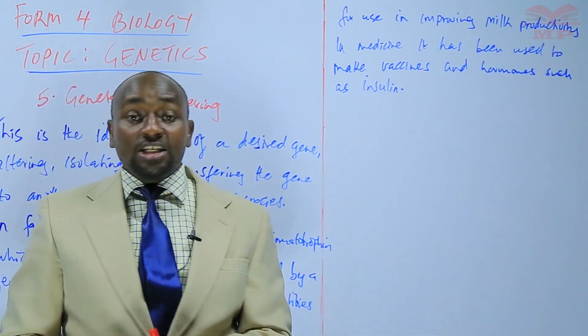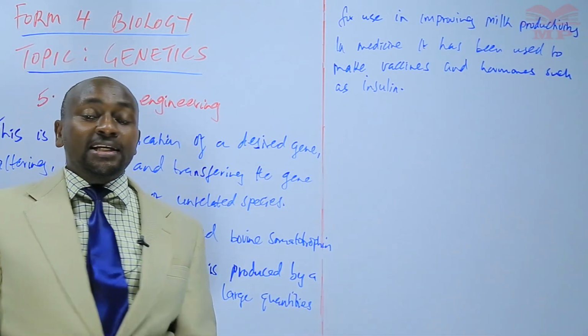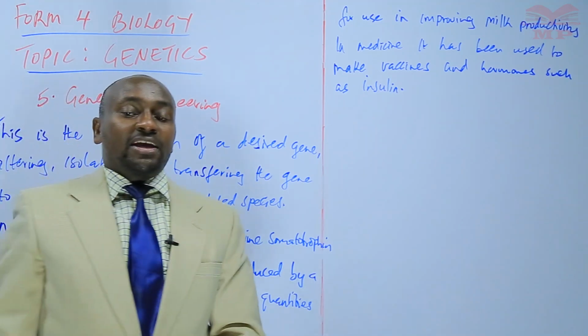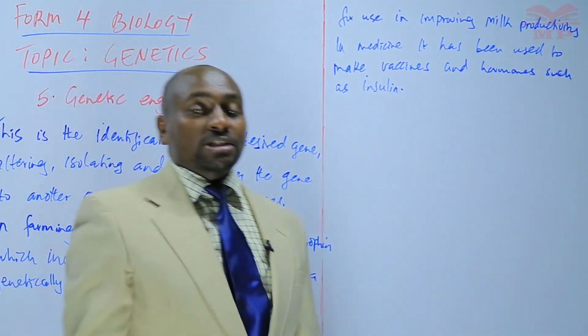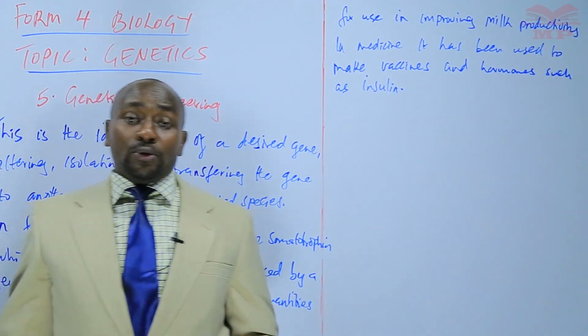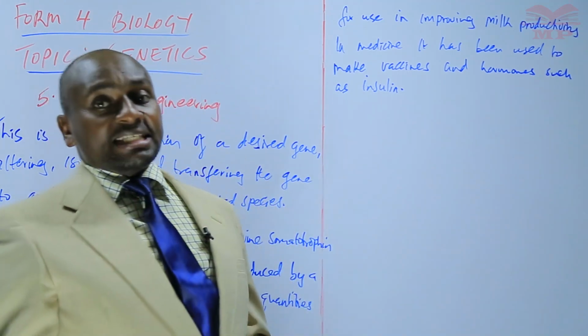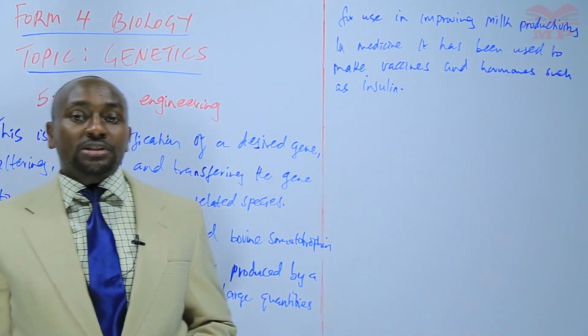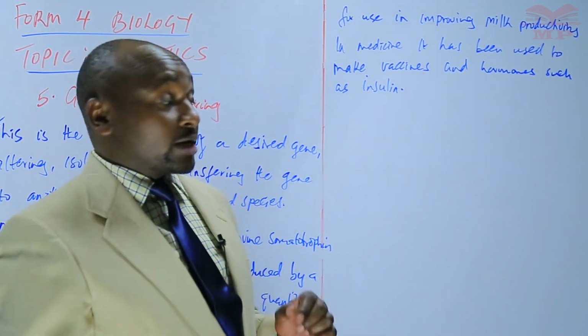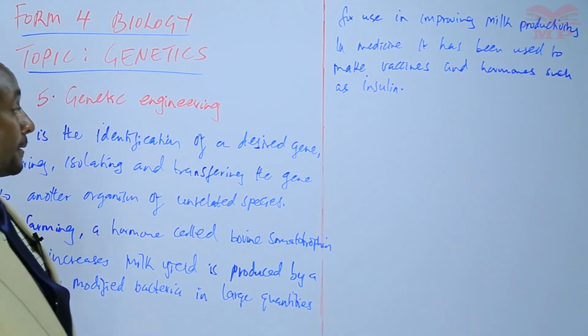Of course, they inject themselves with insulin to try and raise the insulin hormone levels in their bodies, because possibly their pancreas is unable to produce the insulin hormone normally.